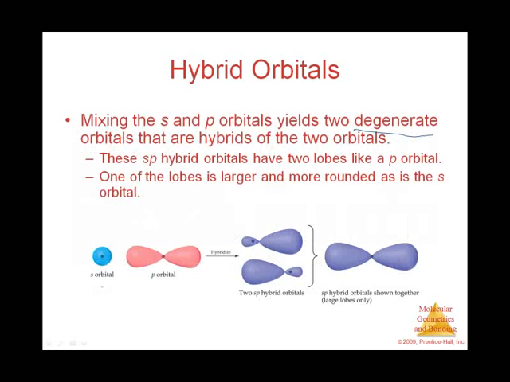So that I have an s orbital and a p orbital, and when I form a hybrid, it becomes this strange shape that's got this small piece and this large piece. Okay? And if I have these two together, I've got 2 sp orbitals. So where I had 1 s and 1 p, now I have an sp hybrid orbital.